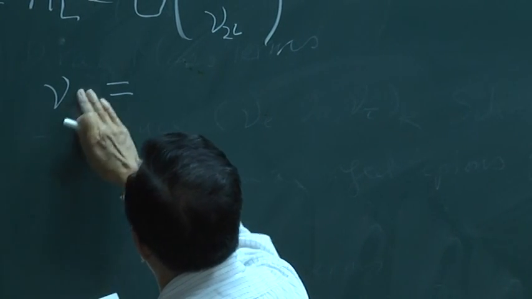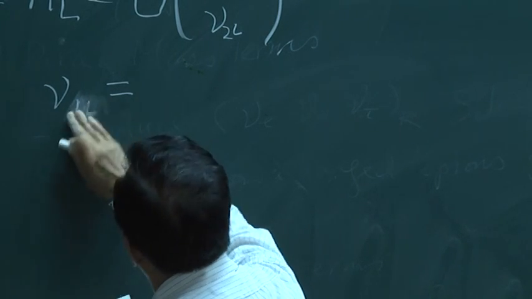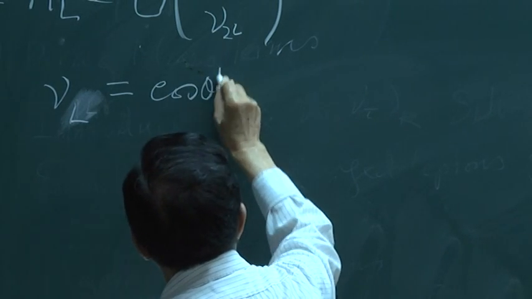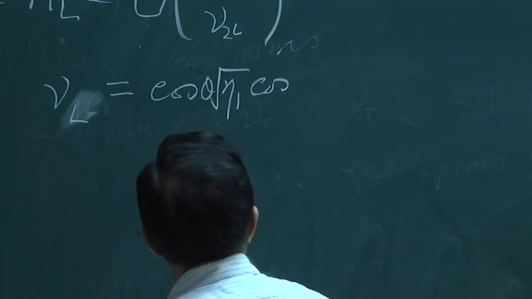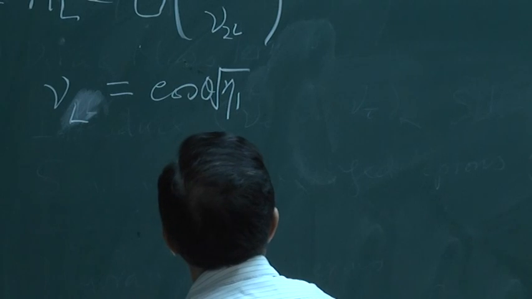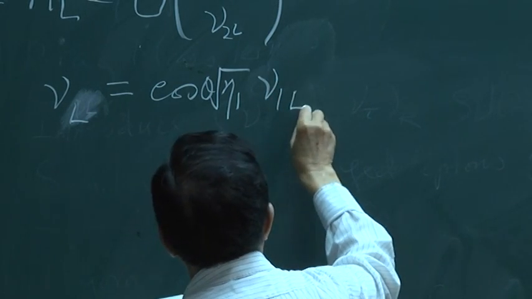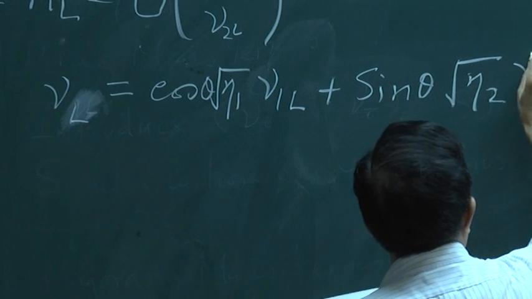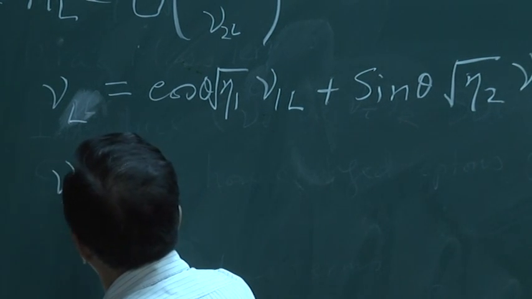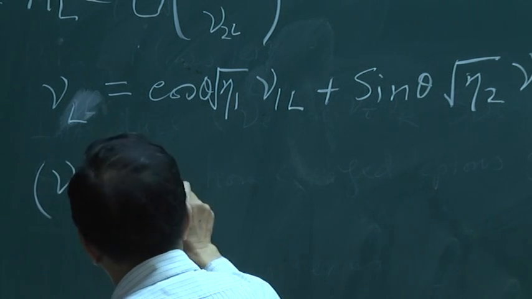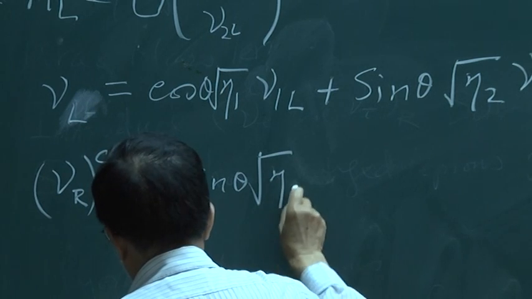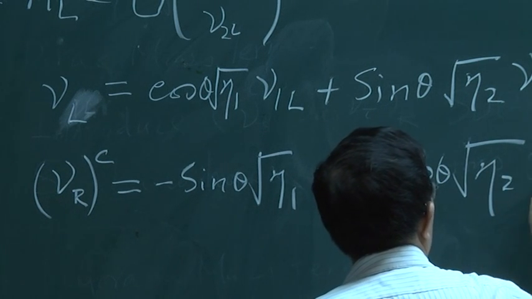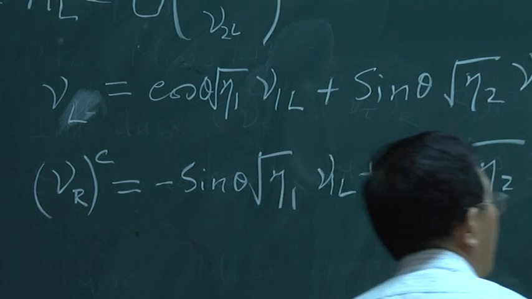So mu 1 L, mu L from here is equal to cosine theta, eta 1 square root, mu 1 L plus sine theta mu 2 L. And then the right-handed charge conjugated field is minus sine theta square root eta 1 mu 1 L plus cosine theta eta 2 mu 2 L. Okay?